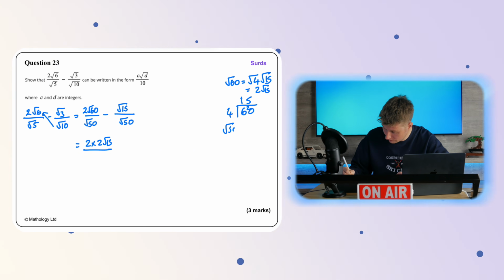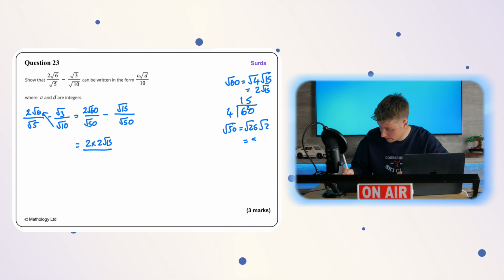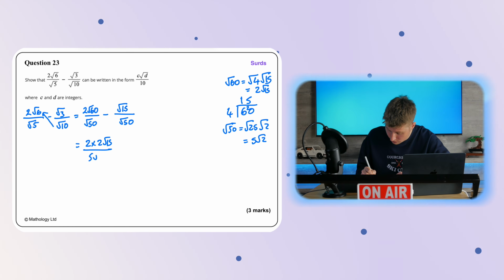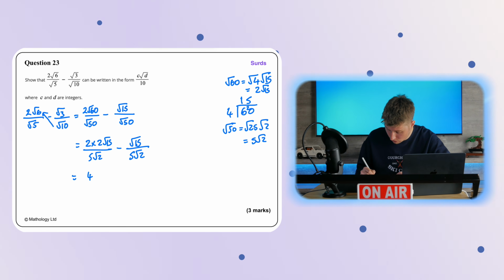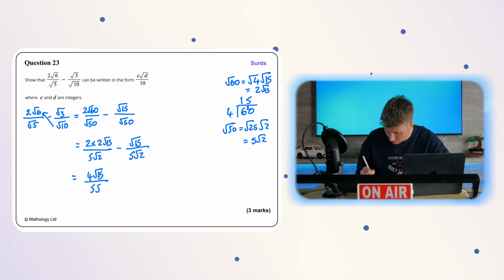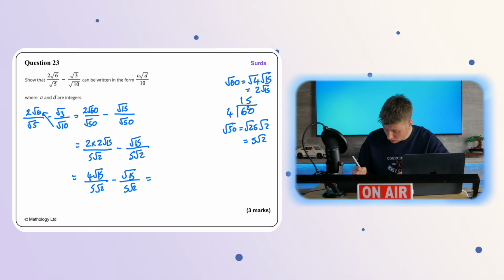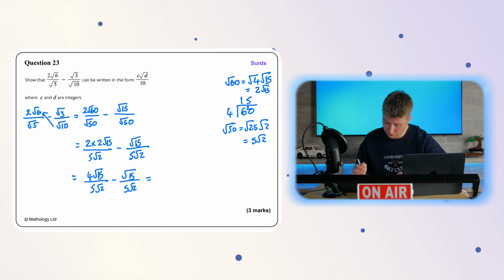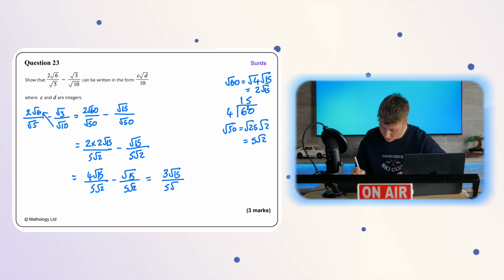Root 50 can be simplified and split off into root 25 times root 2, which is 5 root 2. So 5 root 2 on the base. 2 times 2 is 4 root 15 over 5 root 2 minus root 15 over 5 root 2. 4 lots of root 15 minus 1 lot of root 15 is 3 lots of root 15 over 5 root 2.